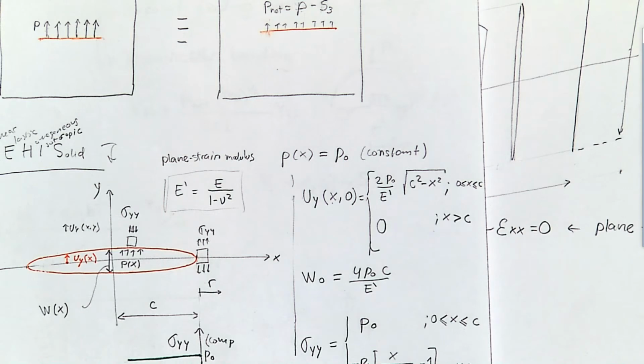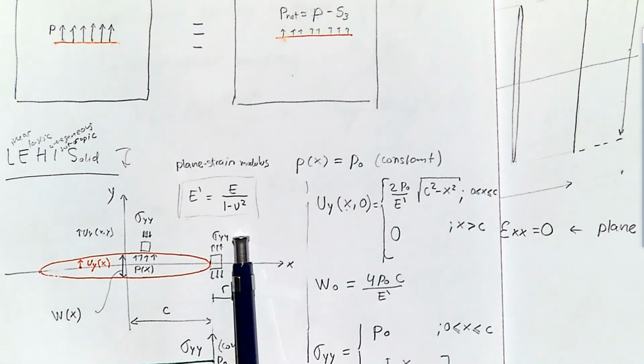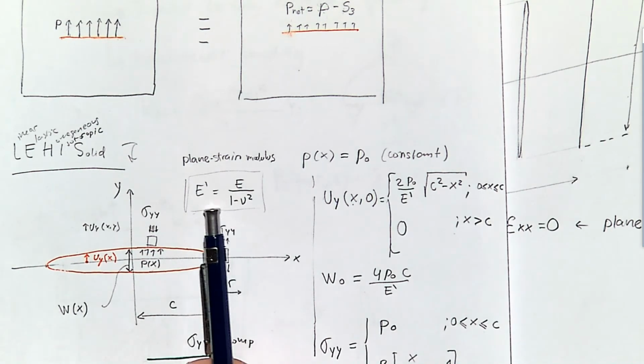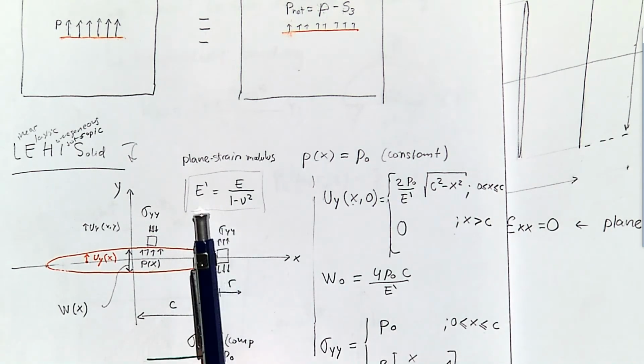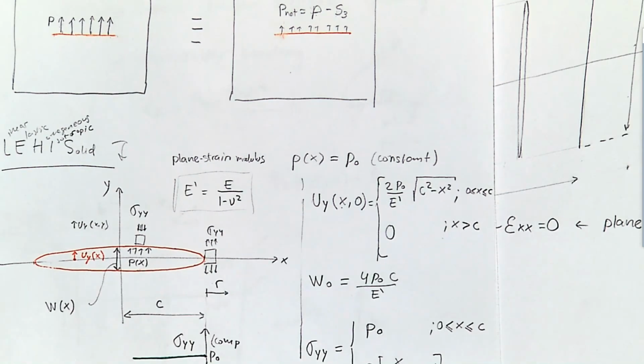So it's similar to the constraint modulus, but in the constraint modulus you don't let it expand in 2 directions. In plane strain you let it expand in 1. And instead of constraint modulus, we have a plane strain modulus, which is higher than the Young modulus.